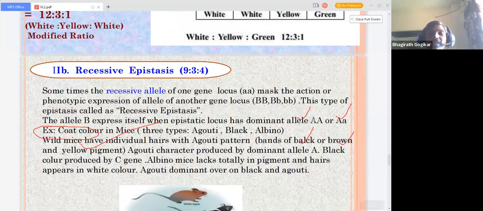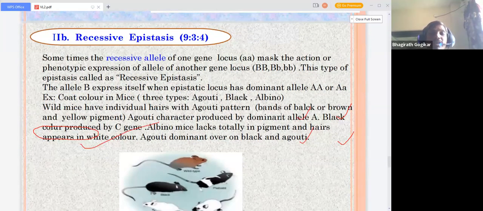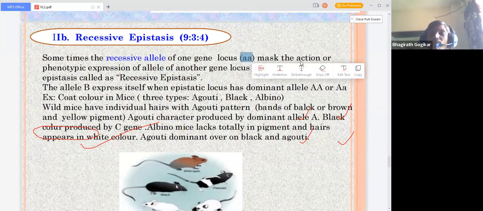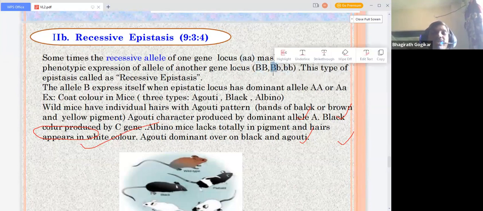What is recessive epistasis? It indicates that a recessive gene masks the other gene's character. See here, locus aa. This recessive gene masks the action or phenotypic expression of an allele of another gene locus, whether it is in a dominant state, recessive state or heterozygous condition.